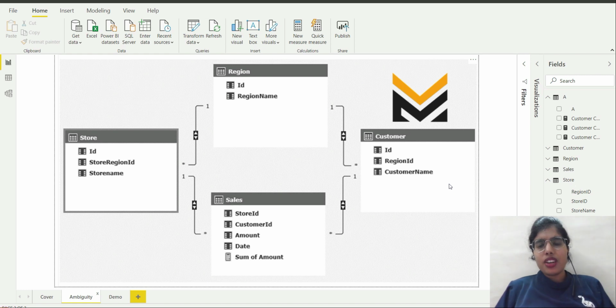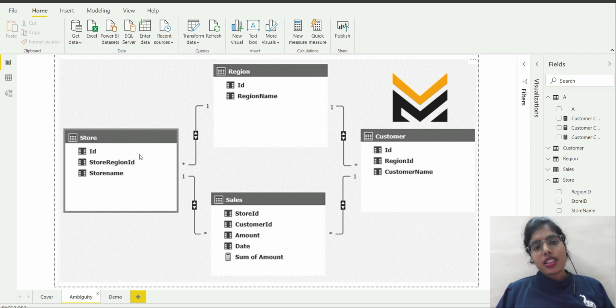Now you'll say, okay, but what's the problem in that case? It actually depends on the question that we are trying to answer. Suppose it follows the first path, from store to region to customer. Suppose the name of the store is Store 1 and the ID of the store is 1.